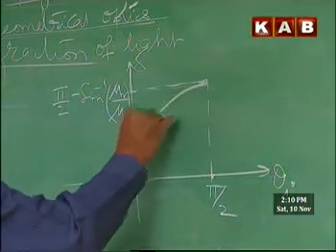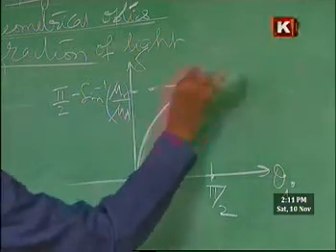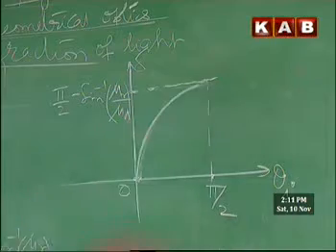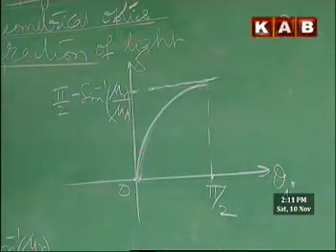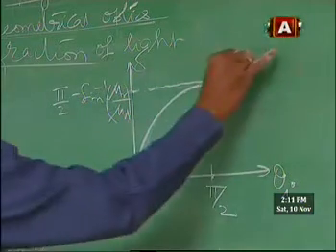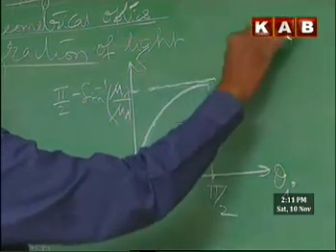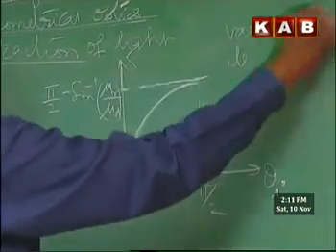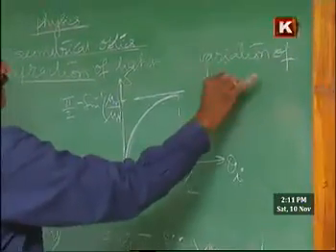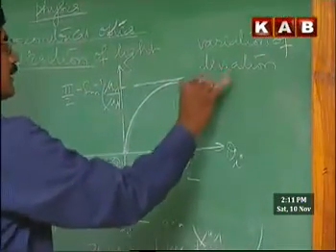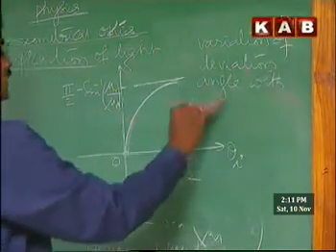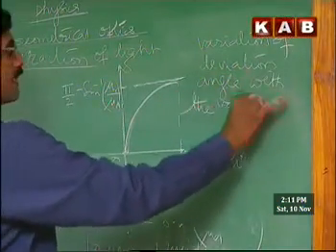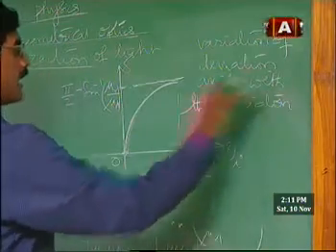So, this is how the deviation varies when a light ray travels from rarer to denser medium, the variation of deviation angle with the variation of incidence angle.